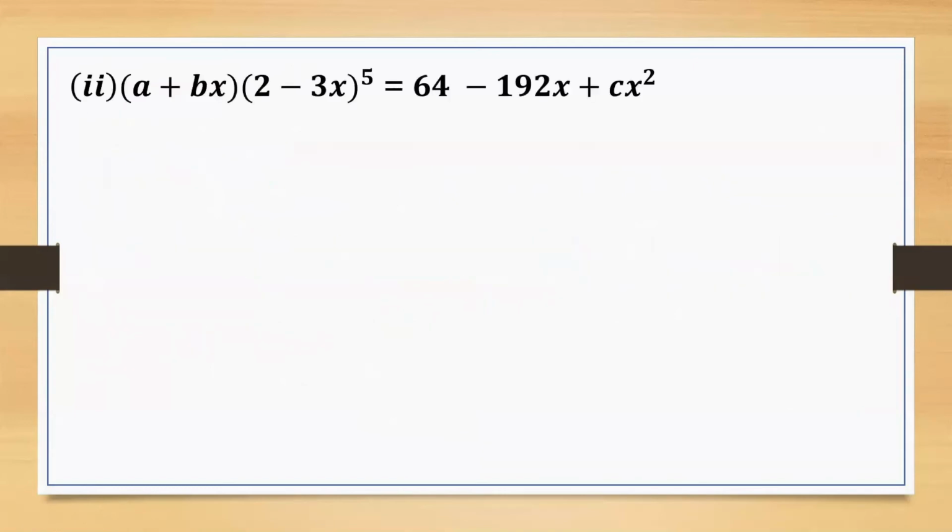Now for the second part, we have been given that (a + bx)(2 − 3x)^5 is equal to 64 − 192x + cx². So from part A, we have already obtained the first 3 terms of this expansion.